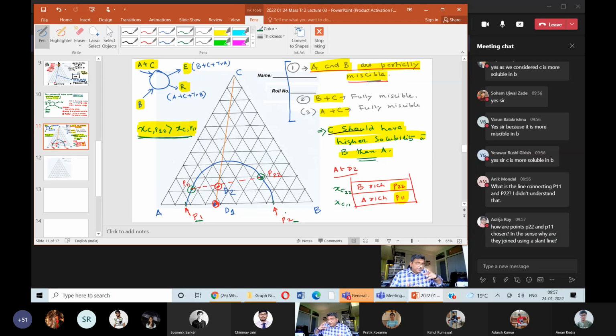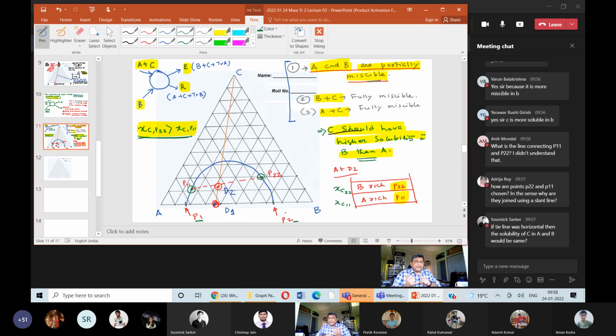So the total C that you have added, part of it goes to phase P2, part of it goes to phase P1, and we understand more C goes to phase P2 as compared to phase P1. Just follow my words. So now you have an overall composition of point P1 and point P2, both of which now have A, B, and C. Is it clear?